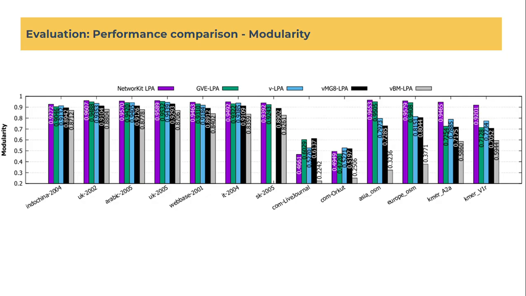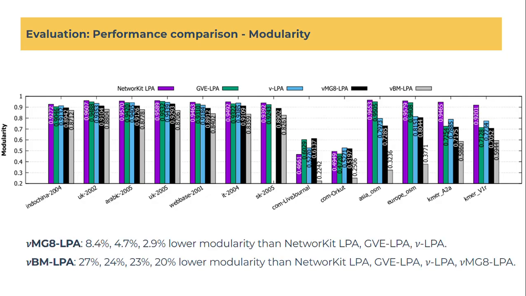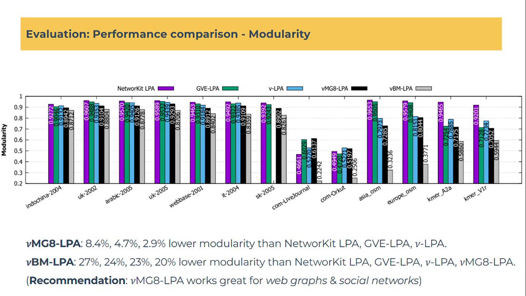This is also the case for νLPA, and it is likely due to the significant parallelism available, which prevents exploration of all possible community assignments. Roughly, it is 8.4% lower modularity than NetworKit LPA on average, and 2.9% lower modularity than νLPA. Therefore, we recommend νMG-LPA to be used for web graphs and social networks.